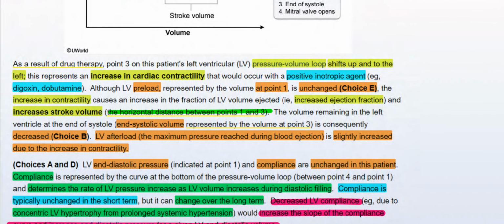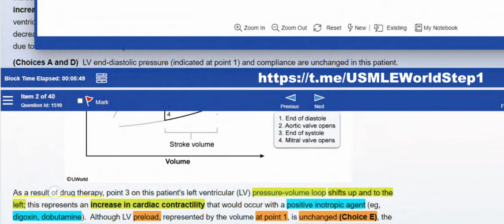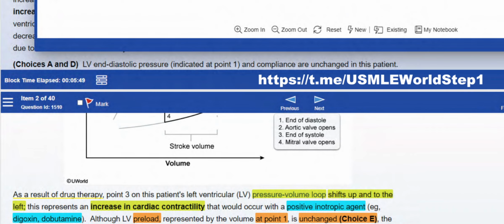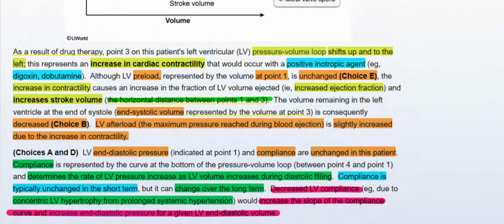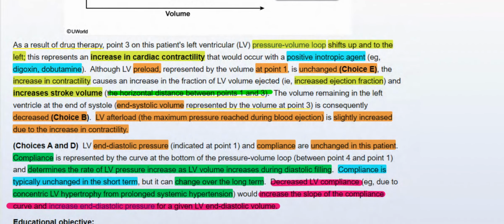And we have an increase in contractility, that is increased ejection fraction. That will increase stroke volume. It is the horizontal distance between point 1 and 3. Point 1 is end-diastolic volume, while point 3 is end systolic volume, right? So the end systolic volume is decreased, not increased.